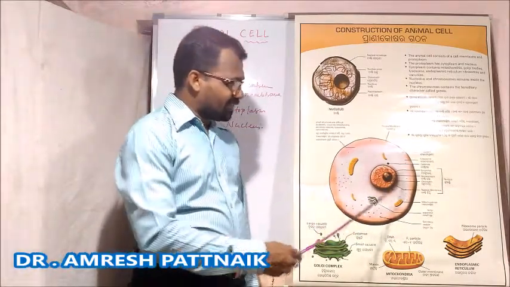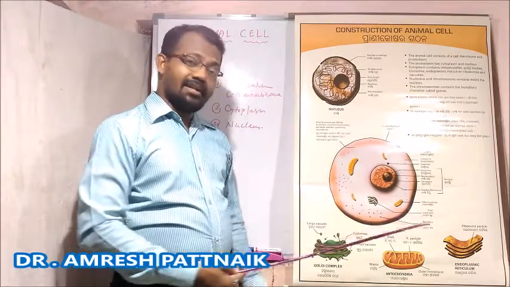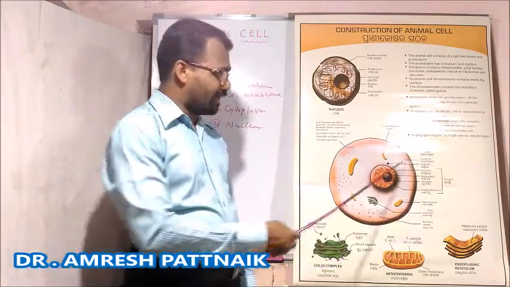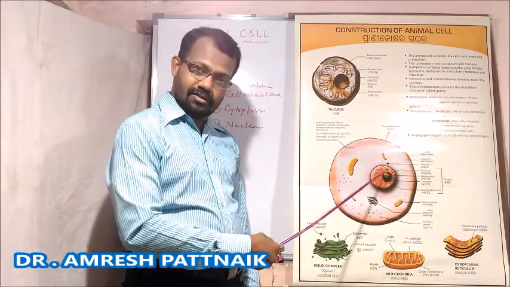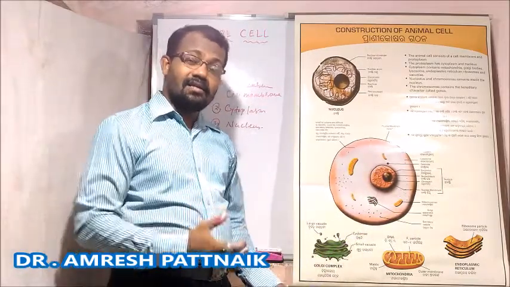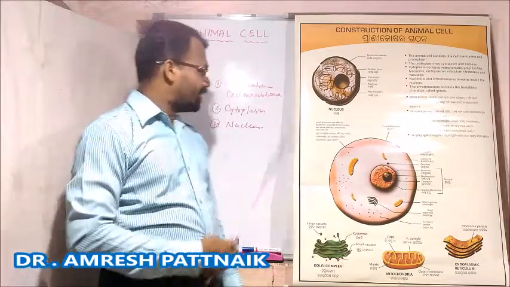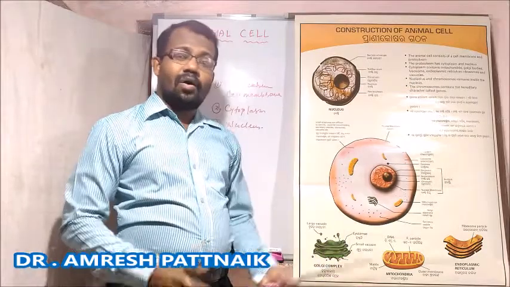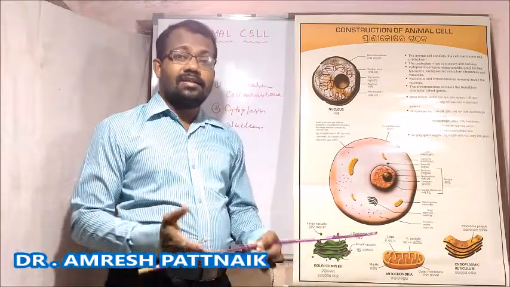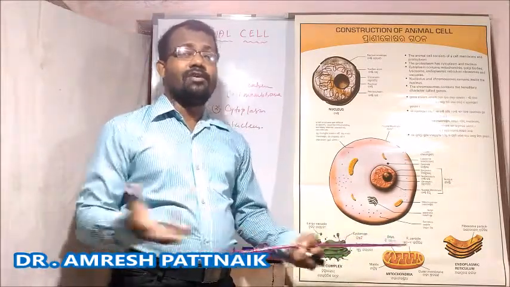These cell organelles are present inside the cell, but inside the cell means what? Inside the cell membrane, but outside the nucleus. They are present in the cytoplasm, right? Inside the cytoplasm, all these cell organelles are always in a floating manner.